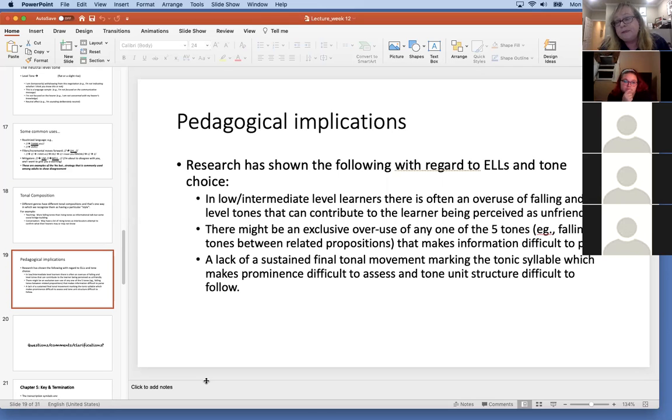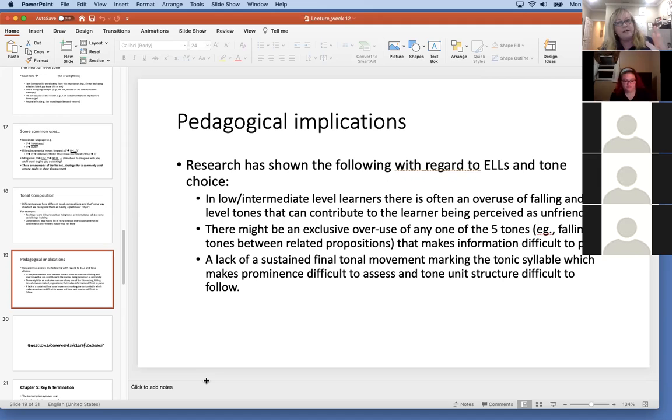And the final problem is something that we talked about last week too, which is this lack of tonal movement. It's having all the prominences sound the same. It's like da da da da da da da. So the listener of a traditional English, for example, who's listening for that final sustained movement up, down, or level, whichever it may be, can't find that tonic syllable.